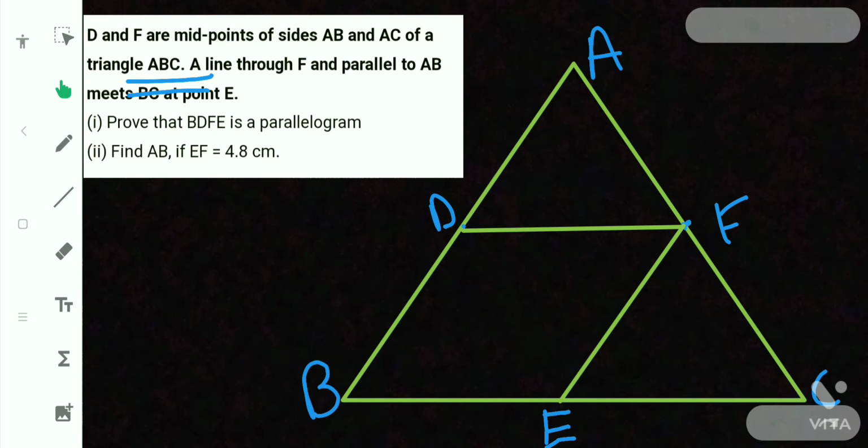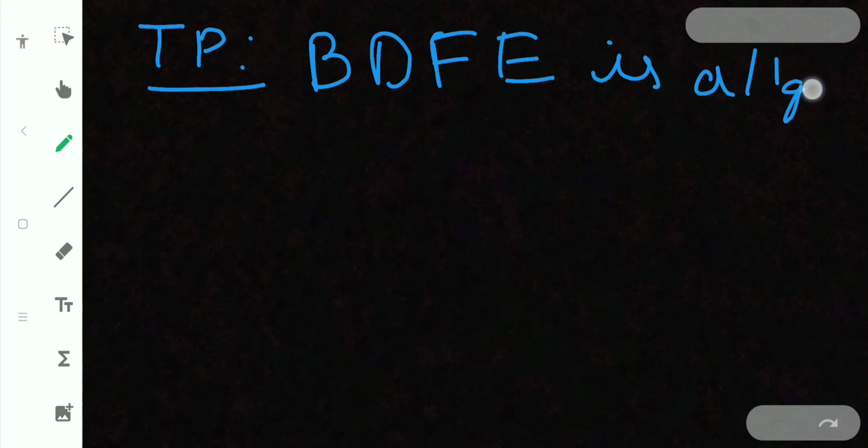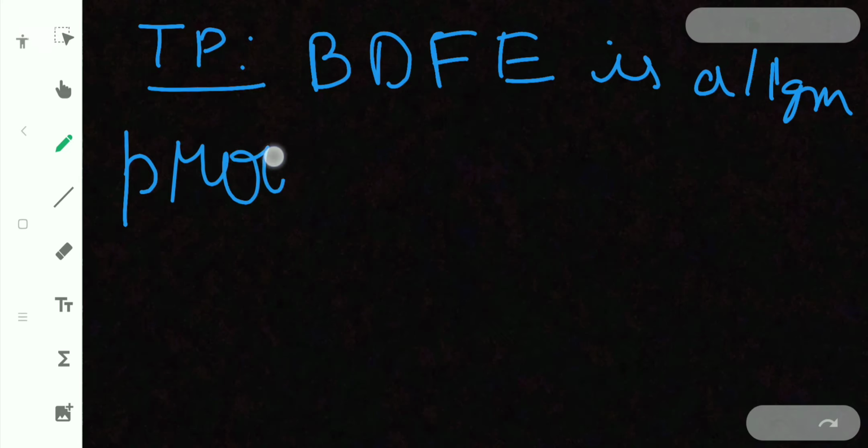What is required to prove is BDFE is a parallelogram. This is the short form of writing a parallelogram. Now proof.